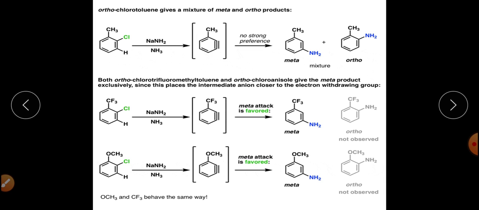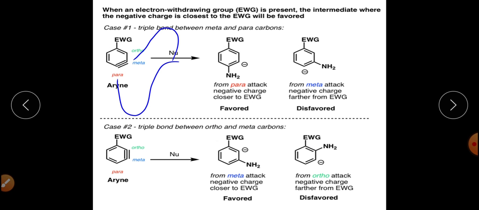That will depend upon the group which is already attached to the benzene ring. So the electron donating group and electron withdrawing group, how they will stabilize the carbanion that has been synthesized during the second step, right? That will determine the formation of the major and the minor product.